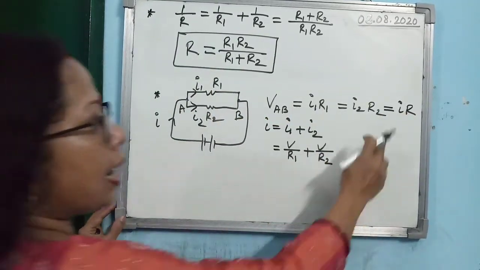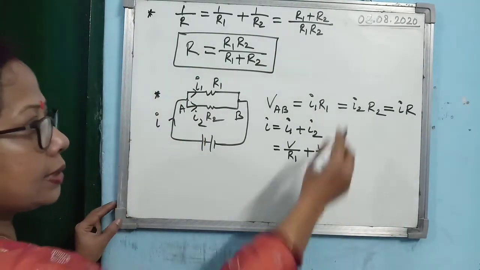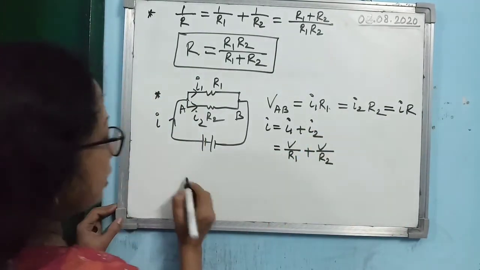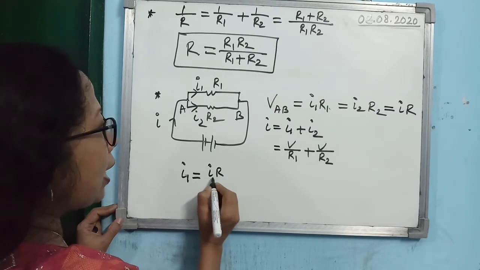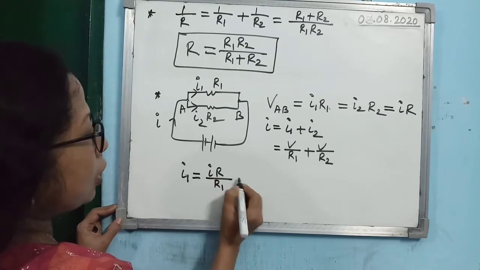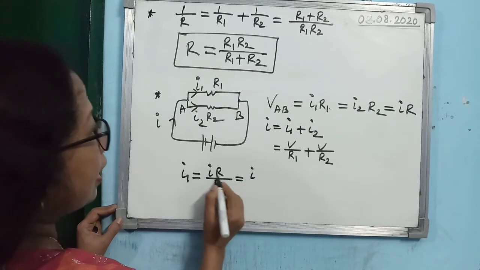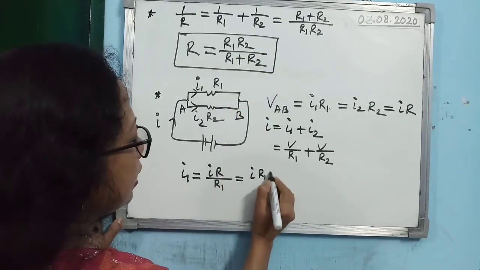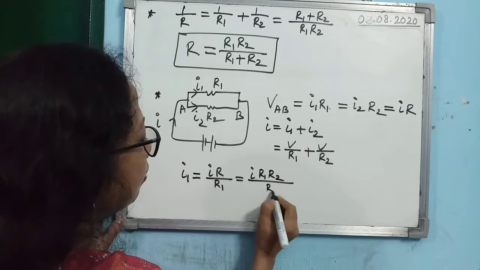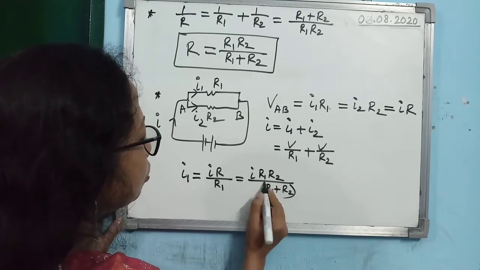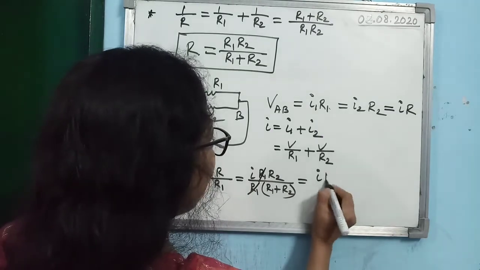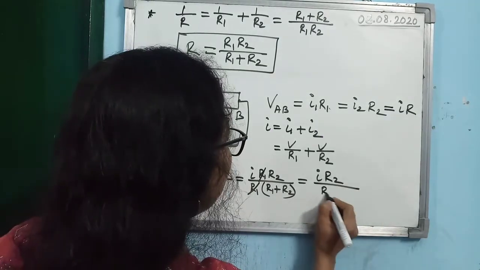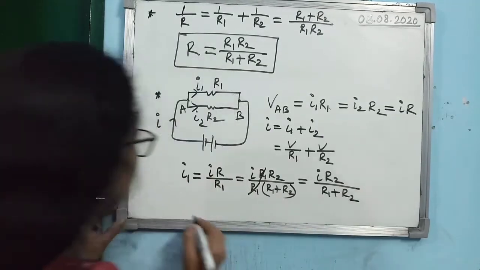So from this relation you get I1 is equal to I into R by R1. But what is the expression for R? R is R1 R2 divided by R1 plus R2, into 1 by R1. So you see R1 cancels. You get I R2 by R1 plus R2.